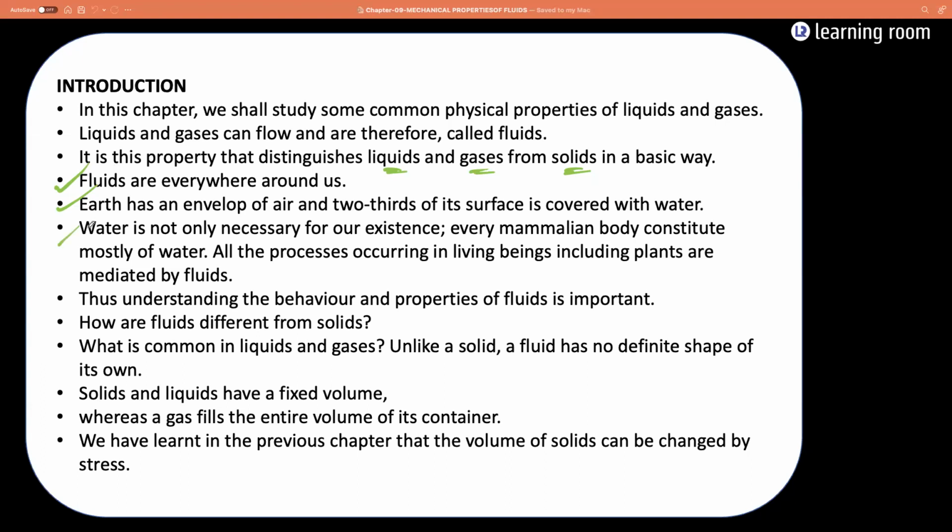I don't want to go into all these details. The main context of this chapter is that we need to understand the behavior of the properties of fluids for some real-time applications.